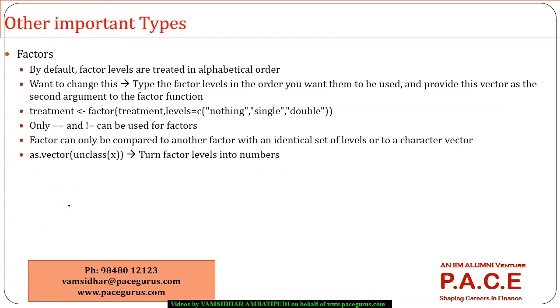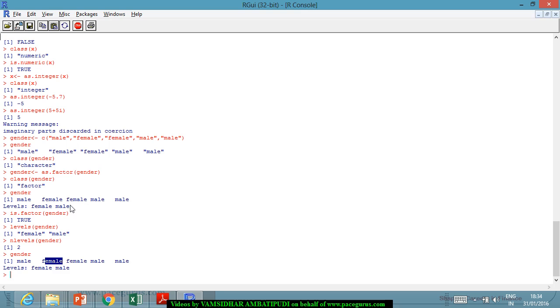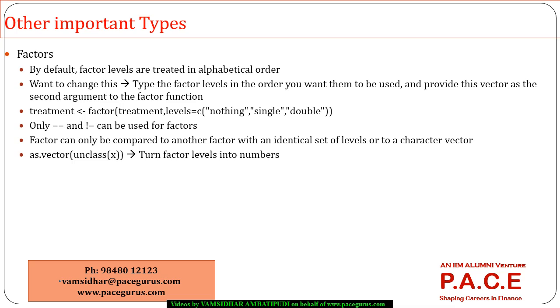But if I really want it to be shown in the order which I want, then what do I do? First, let me assign to the word gender whatever the factor. So I will create the factor.